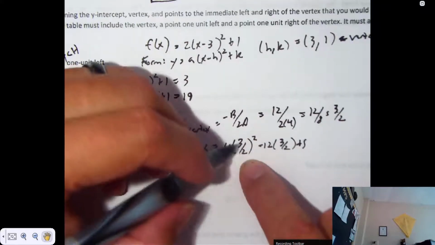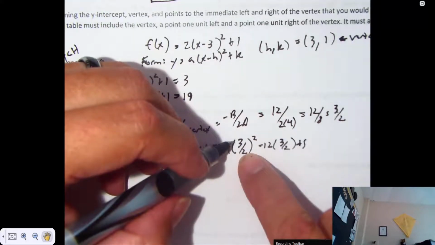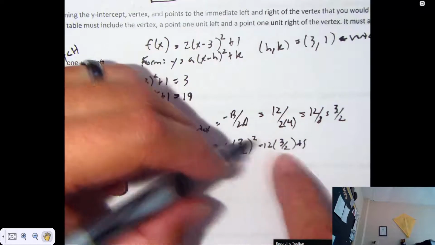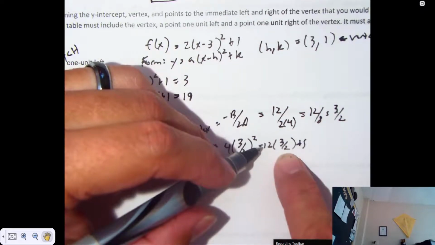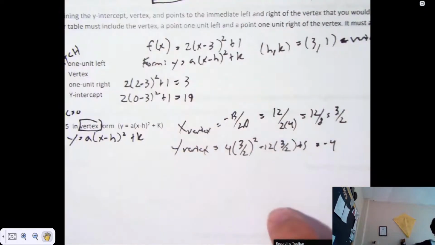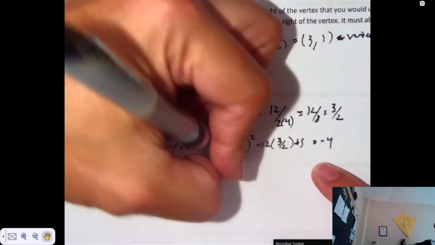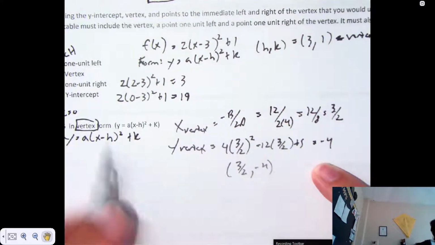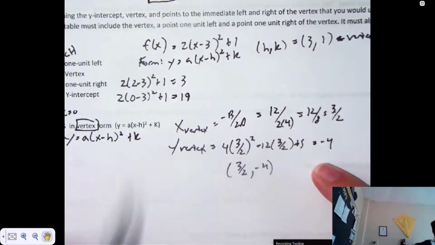That's 9 quarters. That'd be 36 quarters, which is 9. This is going to be 18. 9 minus 18 is negative 9. We add 5, we get negative 4. And I don't expect you to be able to do that. But you just got your vertex to be at 3/2 and negative 4. So you can plug this into this equation over here, okay?